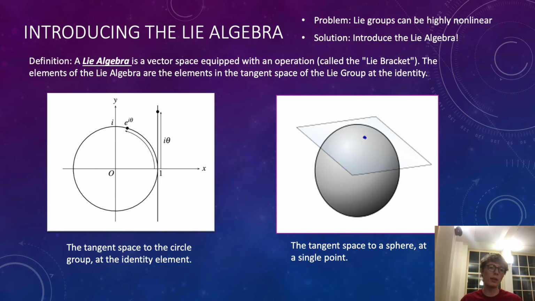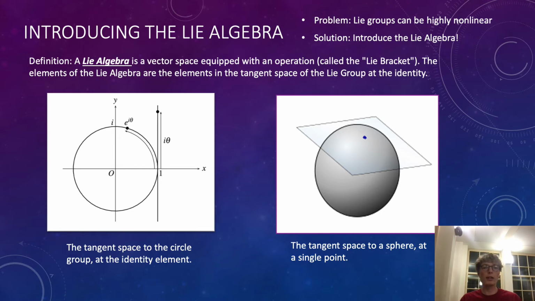And so the exponential map maps this tangent space onto that group structure. And in higher dimensions, we can think of the same thing. So in the sphere on the right, our tangent space is this plane, which is tangent to that point on the sphere. These elements of the tangent space make up the elements of our Lie algebra.